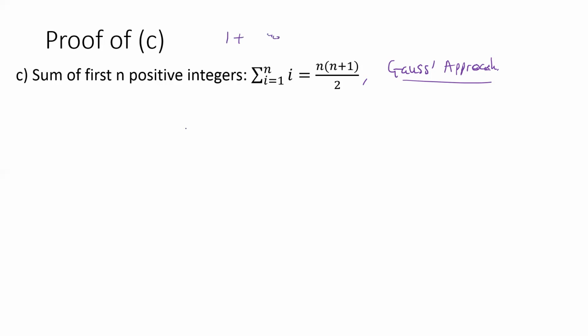The teacher thought it would take them a while so that he could focus on something else. And before he knew it, in no time, Gauss gave the answer. This is his approach.